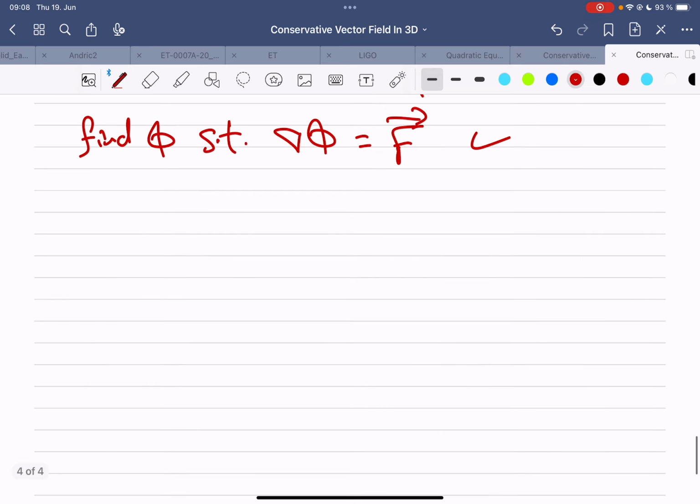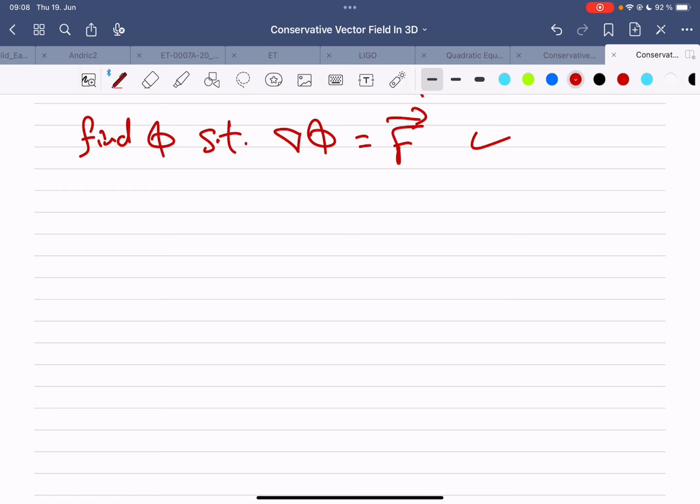I hope you understand how to check if a vector field in 3 dimensions is conservative, and if it's conservative, how to calculate or find its potential function.